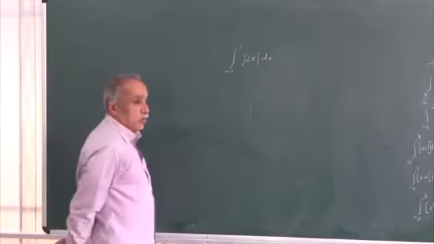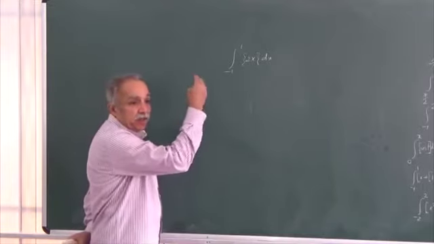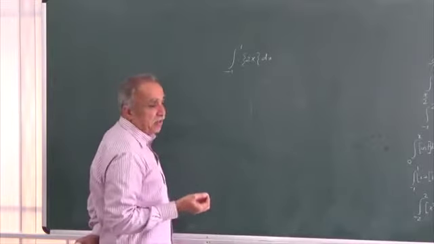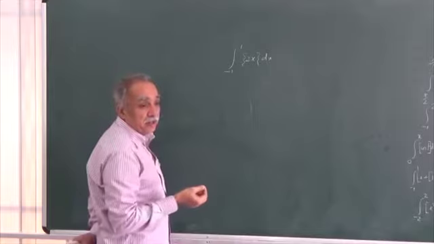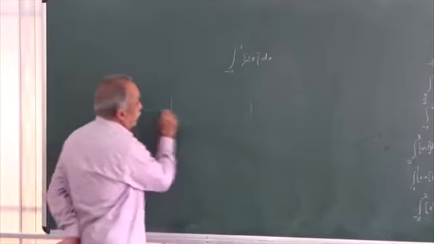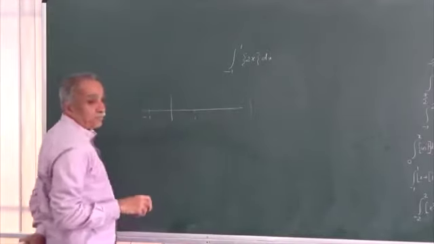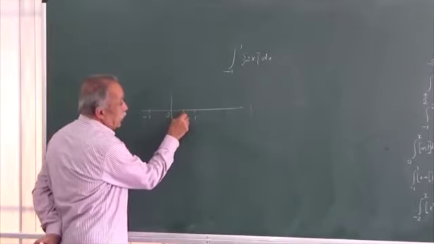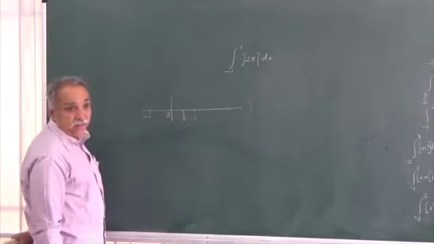So, to obtain the actual function to be integrated, we will have to break the interval of integration into several pieces. One simple idea may be, you draw the graph for the function that you are required to integrate, fractional part of 2x. Let me try drawing a graph for that. My interval is from minus 1 to 1. When x is between 0 and half, my 2x will be between 0 and 1.